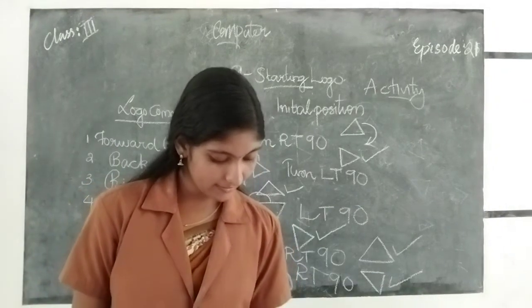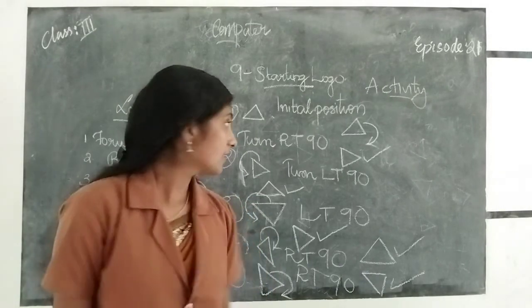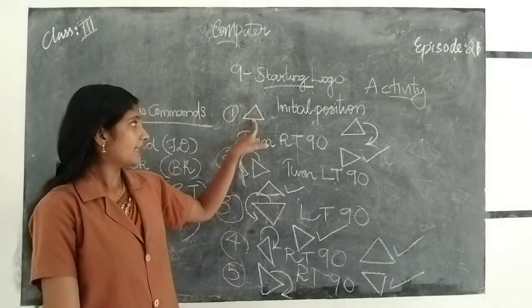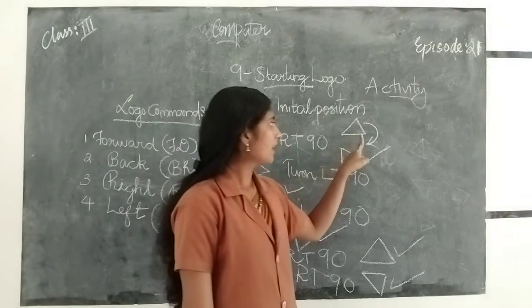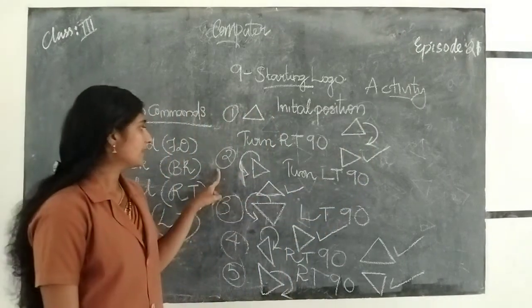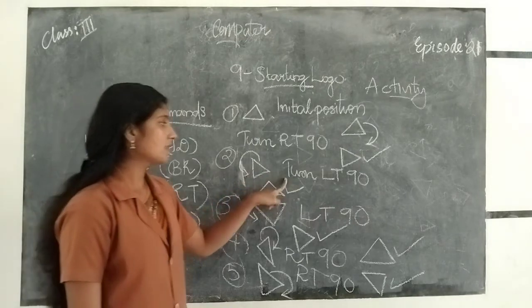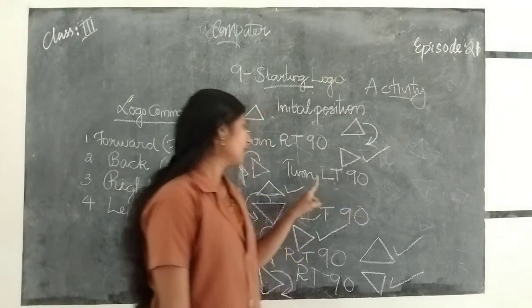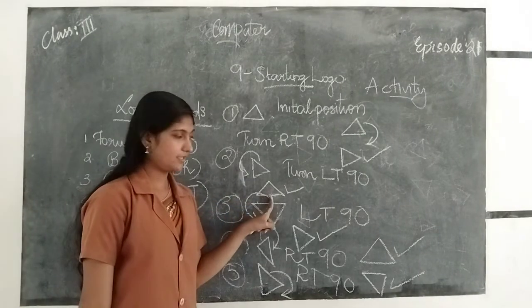So we did these activities. First question, the initial position is like this and we converted with RT90 and then the final result is like this. Then the second one, this is the initial position and turn LT90, then it will turn to the left side with an angle of 90 degrees.